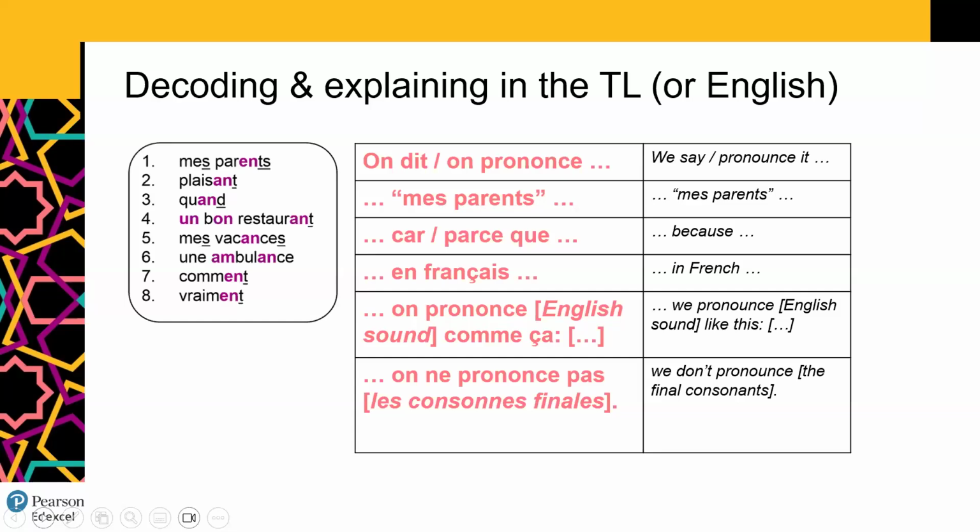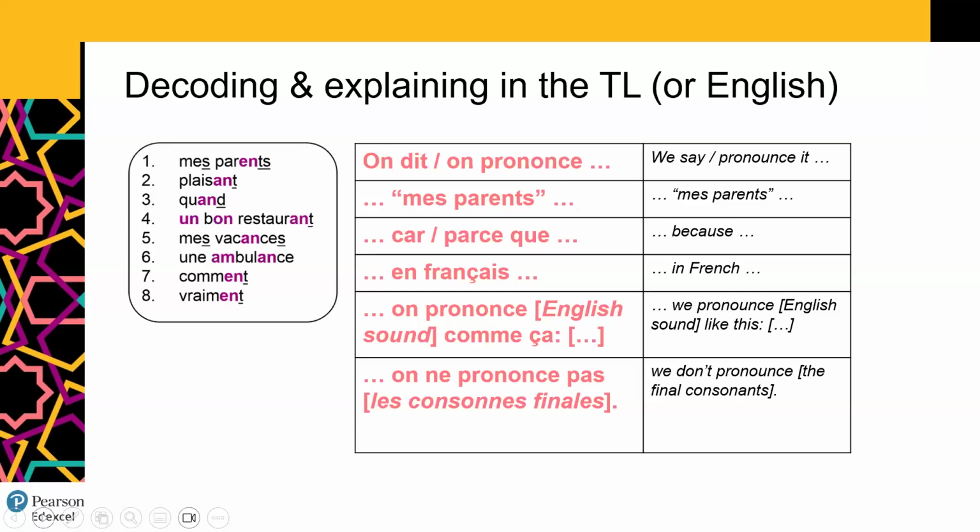So you just have to remember on dit ou on prononce, and then mes parents, car, parce qu'en français, or we could say like number 3, on dit quand, car in French, en français, on prononce quoi, que. Okay, something like this. Et on ne prononce pas de. Okay, so they explain in the target language.